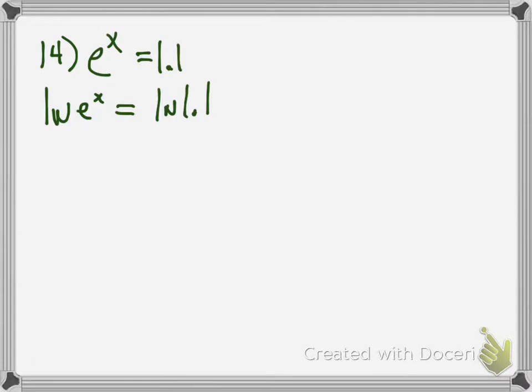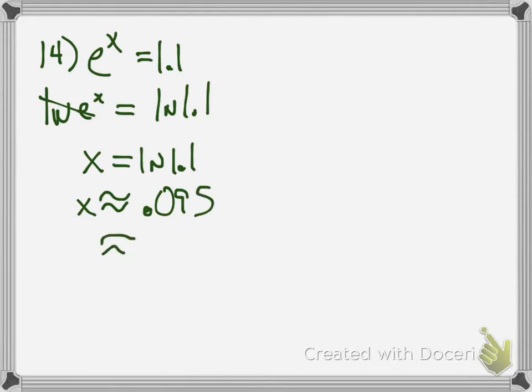Natural log and e cancel each other out, leaving you x equal to the natural log of 1.1. And that's what you would type into the calculator to get an answer of 0.095, which if I round it off to the nearest hundredth, like I asked in the directions, would be 0.10. Okay?